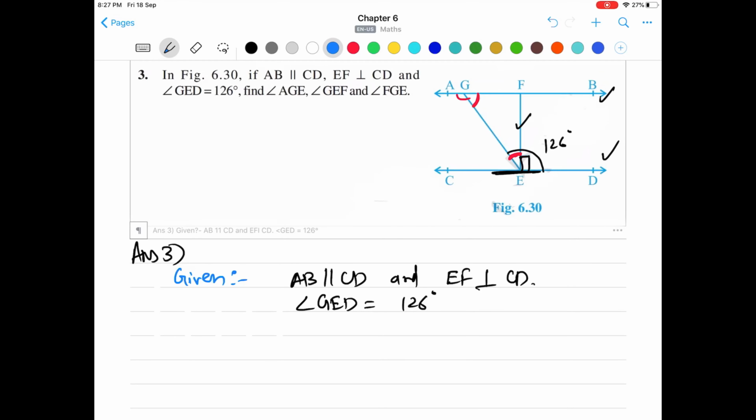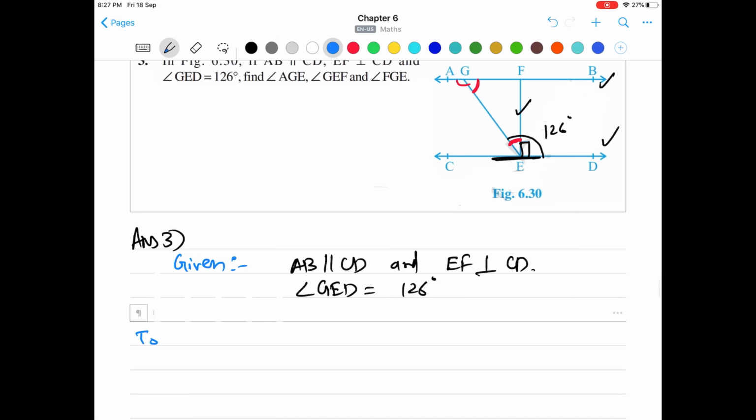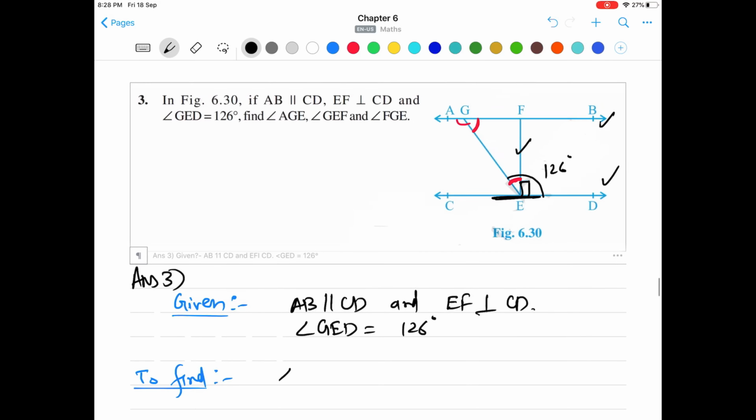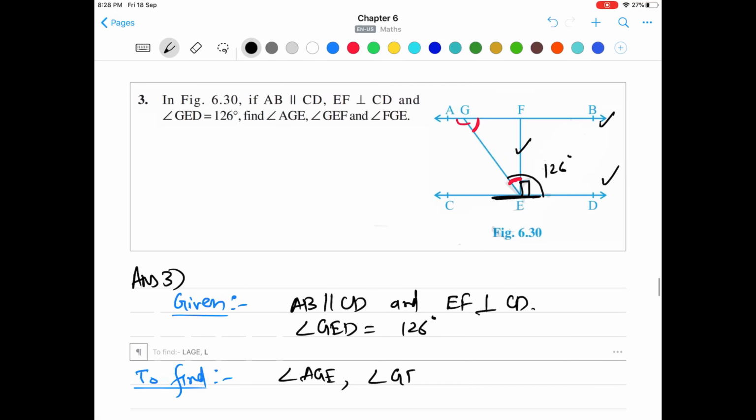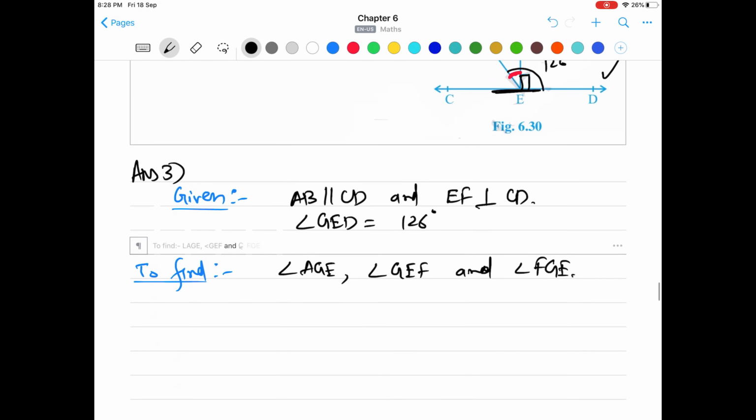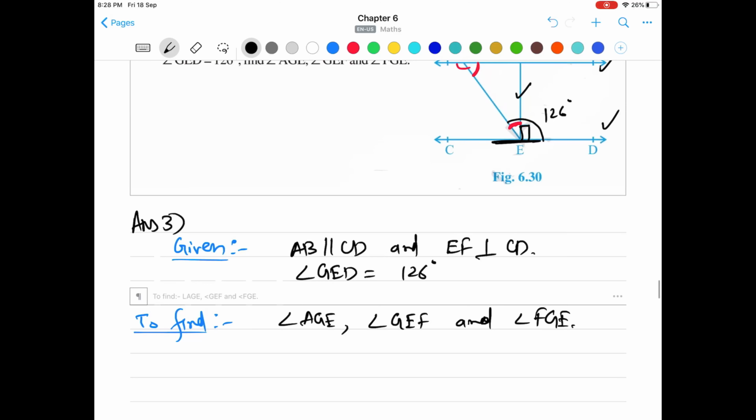We have to find the three angles, which are angle AGE, angle GEF, and angle FGE. Okay, let's try its solution.